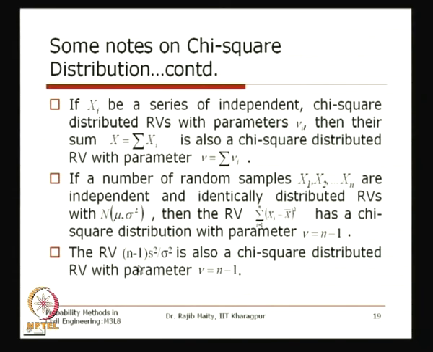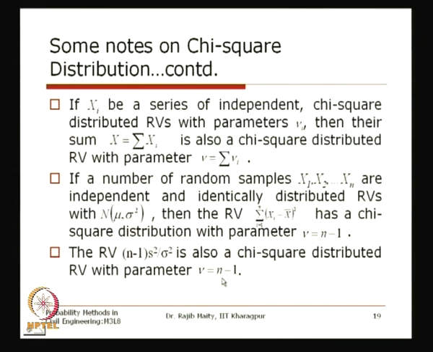Another random variable: if I take s as the sample estimate of the standard deviation, then s square divided by sigma square, where sigma square is the population variance, multiplied by n minus 1, this total quantity is also a random variable which follows a chi-square distribution with parameter nu equals n minus 1 degrees of freedom.